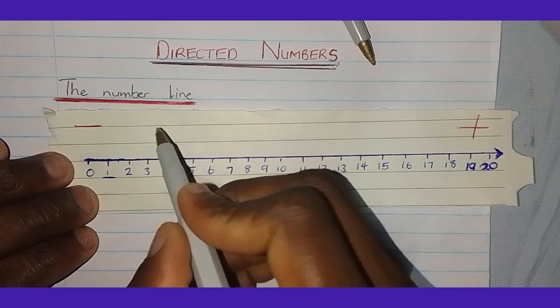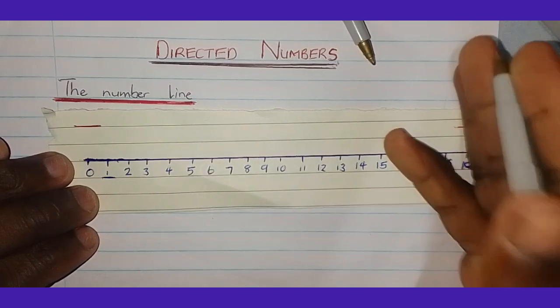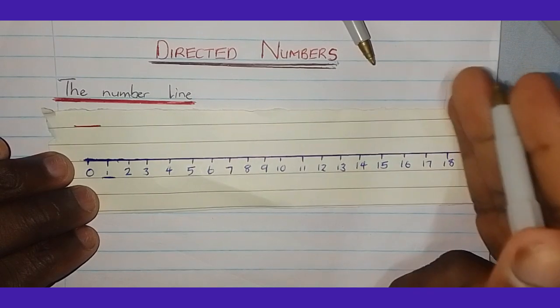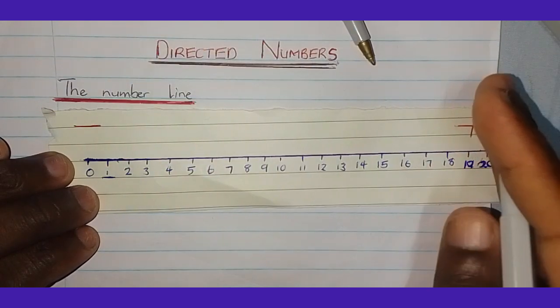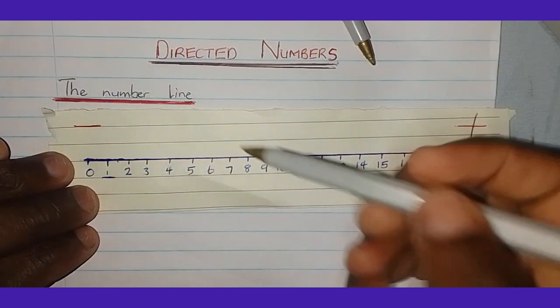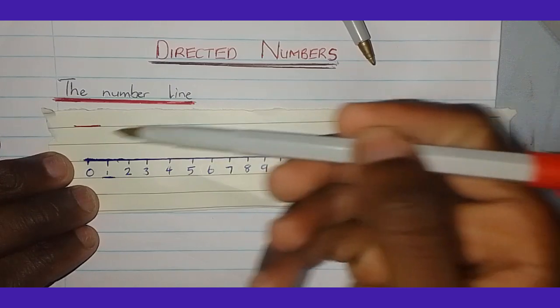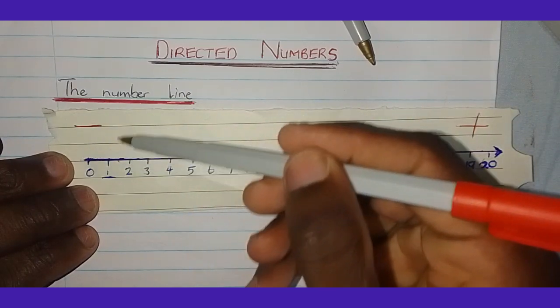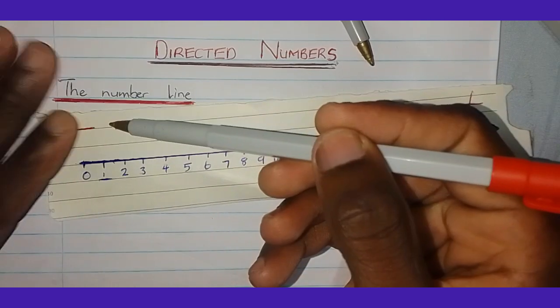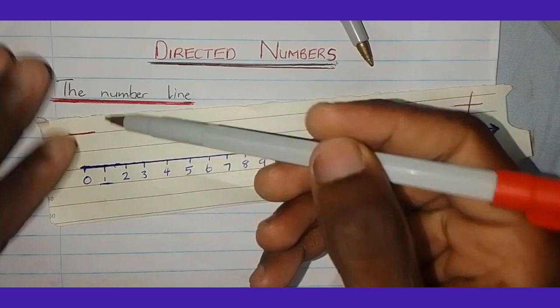When we are adding, we are going to move towards the right where the positive sign is. Remember, this is my right hand. And when we are subtracting, we are going to move towards the left side where I have indicated using this negative sign. We are going to move towards my left. Yes, my left, guys. Remember?